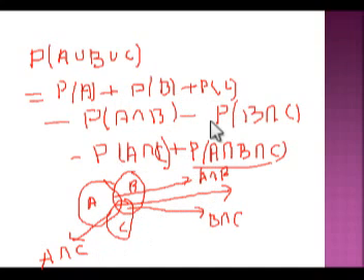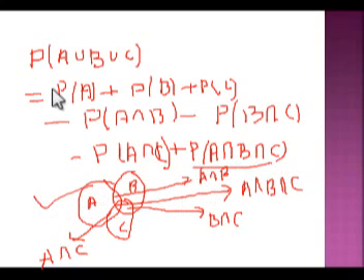And when you subtract all these intersections from the addition, the intersection A intersection B intersection C is subtracted one time more. That's why, for a correct calculation, we need to add A intersection B intersection C. So this is a Venn diagram proof of this theorem. You will get this from set theory, and it is also used in probability. So you can extend it to the case of n events.